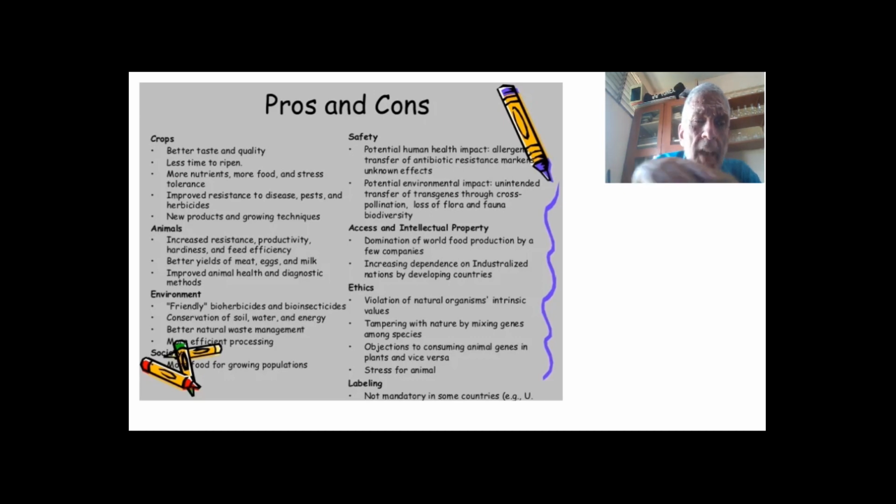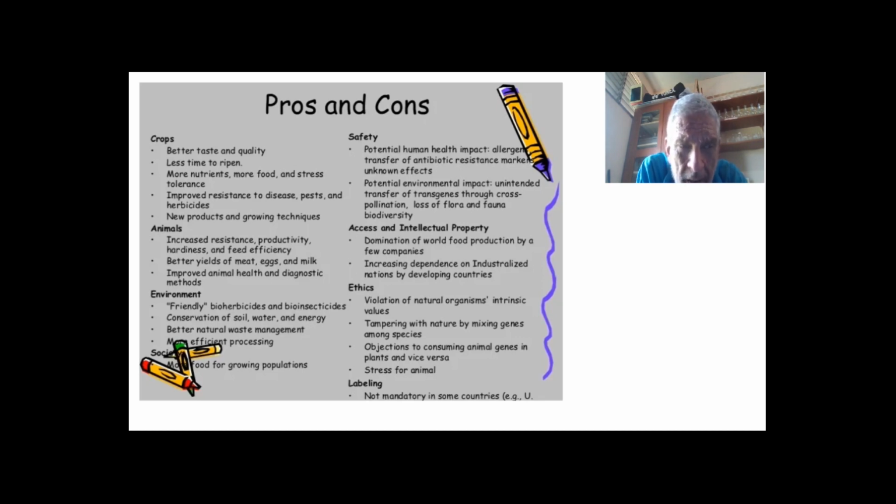And there's another thing here, dealing with pros and cons of GM crops and animals. So GM crops often have a better taste quality, take less time to ripen, more nutrients, more food, and stress tolerance. Stress tolerance relates to things such as drought or flooding.